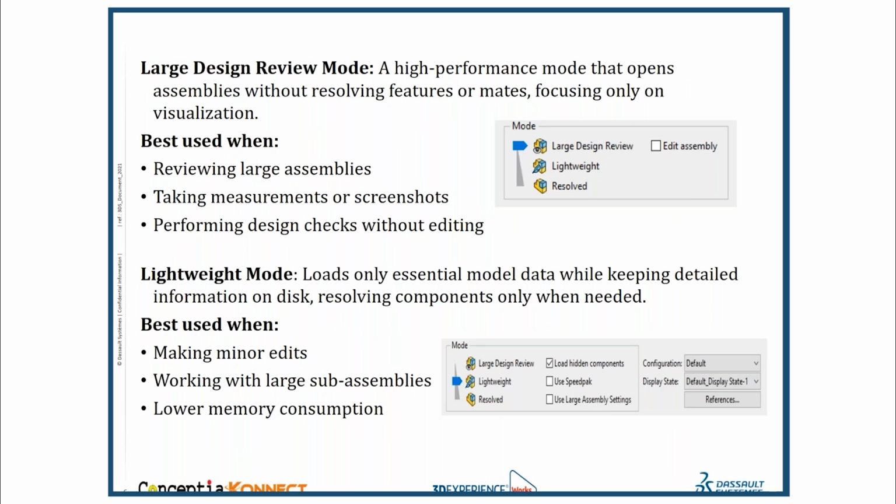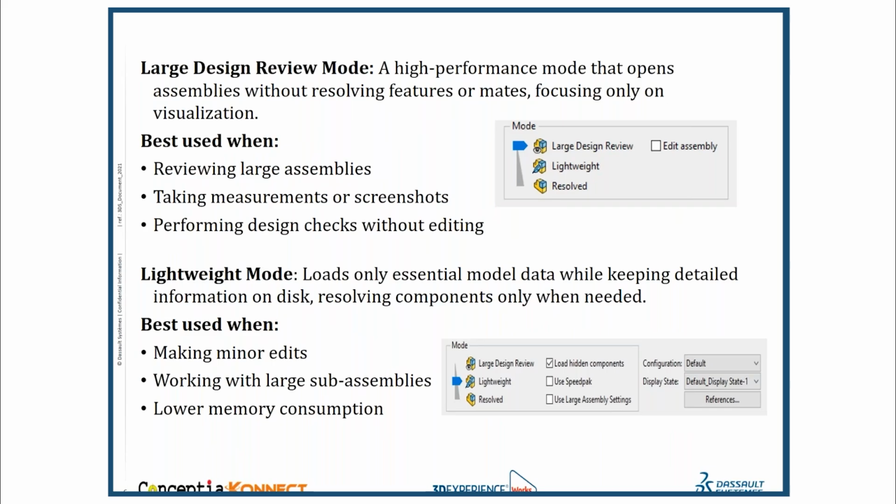But when you open it in large design review mode, it won't load all the features and sub-assemblies, just for visualization purposes. This mode is best used for reviewing large assemblies, taking measurements, screenshots, and performing design checks without editing. It's mainly for visualization purposes.